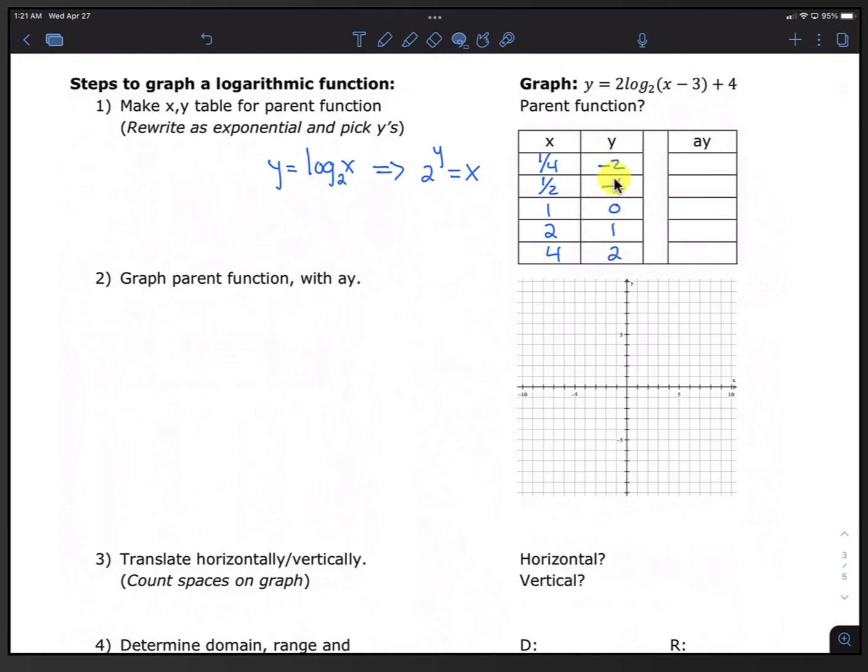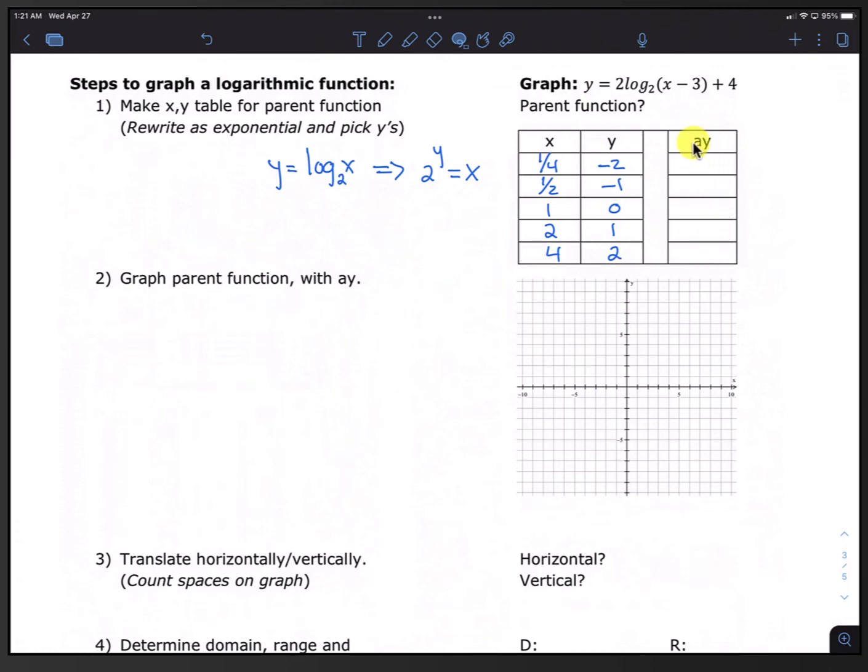When you choose the -2 and plug it in, 2 to the -2 gives you 1/4. 2 to the -1 is 1/2. 2 to the 0 is 1. 2 to the 1 is 2. 2 to the second is 4. So again, you establish your y column first, and then plug that into the exponent to get x.